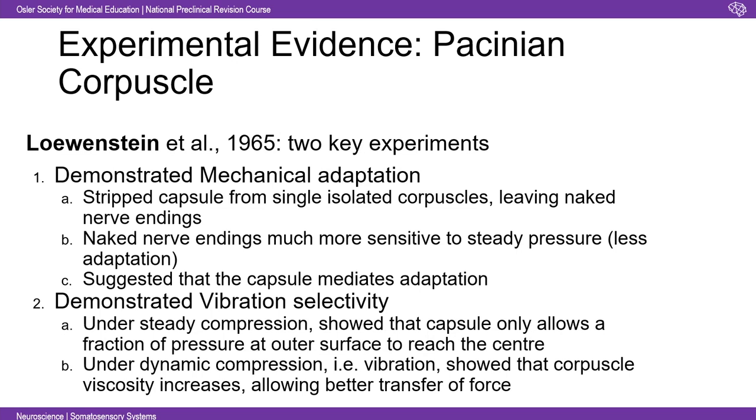What they basically did was compare the complete Pacinian corpuscle with one where they'd stripped the outside capsule away. They showed that when they stripped the capsule away, the naked nerve continued to respond to a steady pressure, whereas the complete Pacinian corpuscle adapts quite quickly. So they suggested that partially it's the capsule itself that mediates this adaptation.